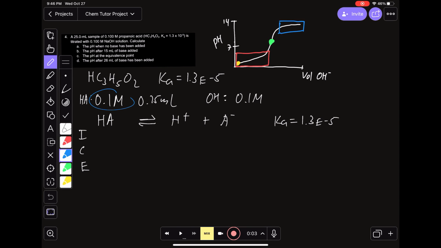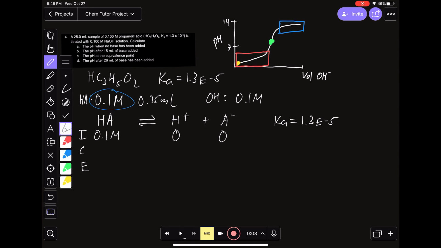That will be given right here. So it is 0.1 molarity. And what is our initial molarity for the protons and its conjugate? It will be 0, because the reaction has not occurred initially. At the beginning of the reaction, nothing has been converted yet.